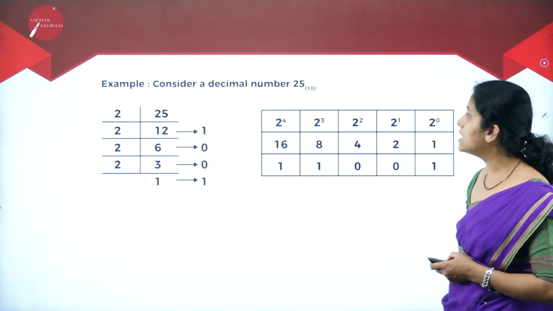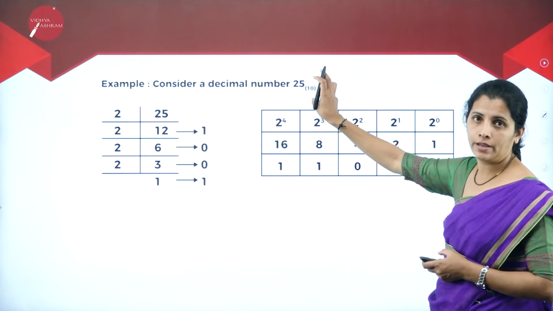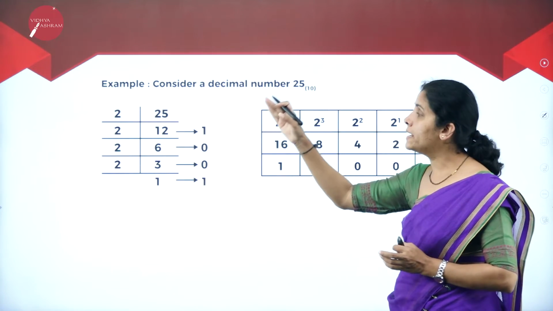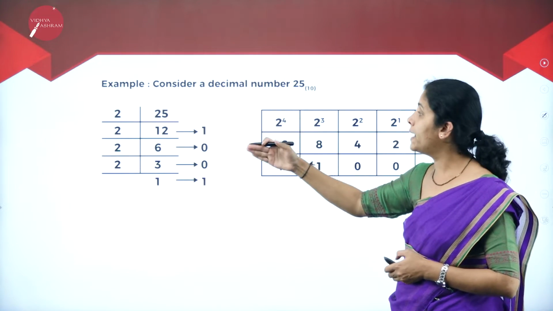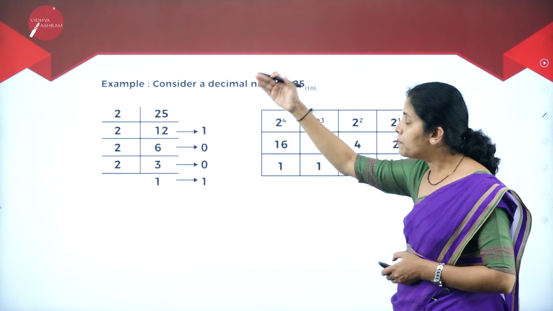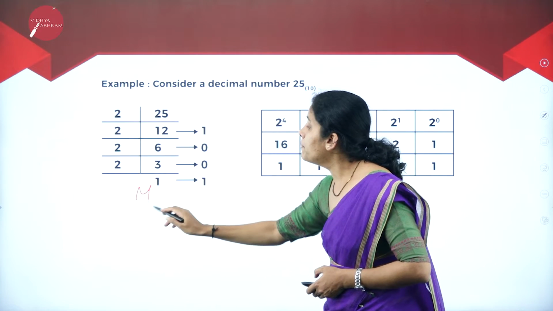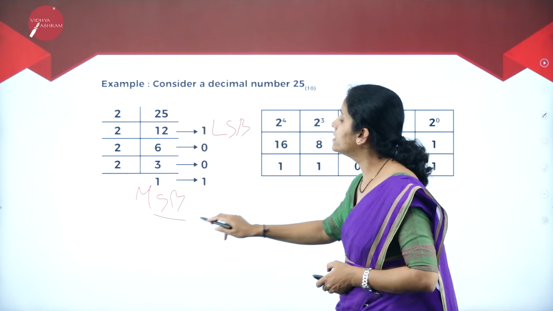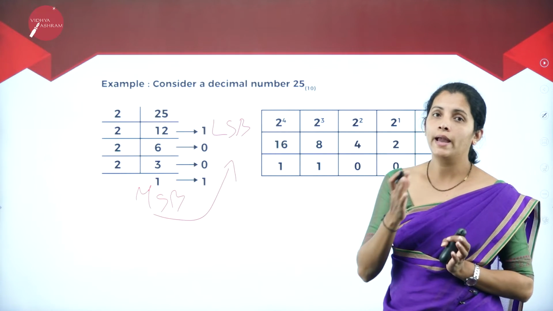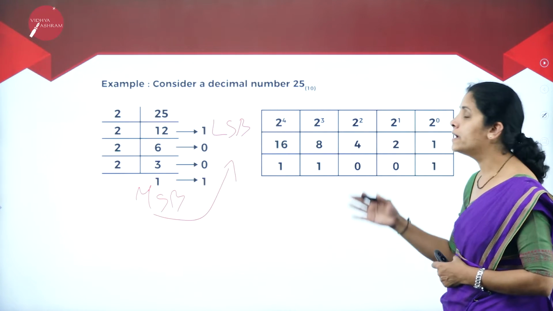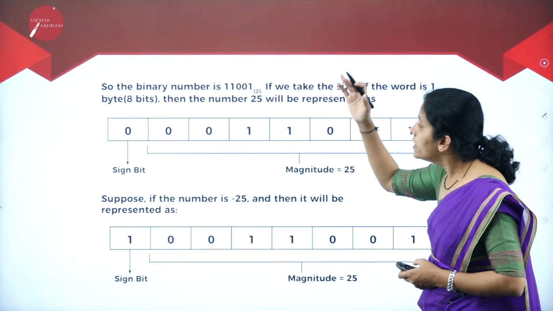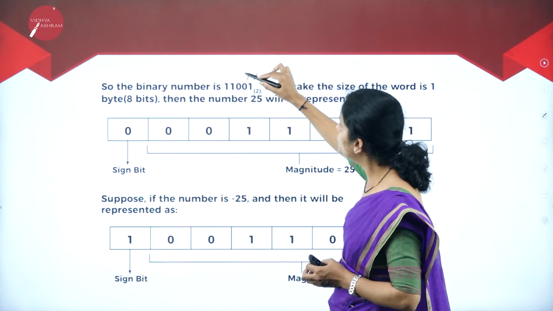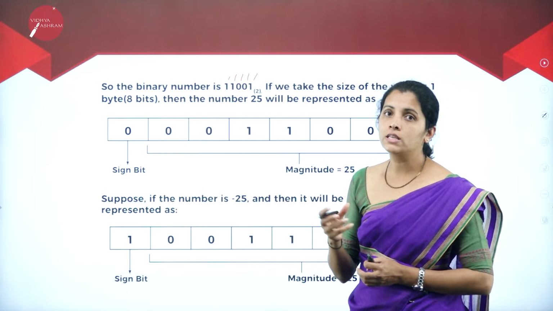Now consider the example here. I have 25, which is a decimal number. To convert a decimal number to binary, I divide the number by 2, and I write the final result from the MSB bit to the LSB bit. Now, 1, 2, 3, 4, 5: what is my bit size?